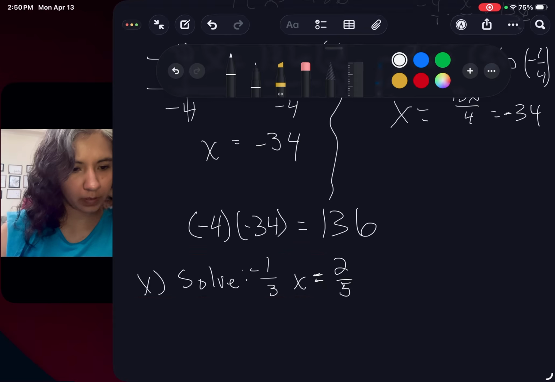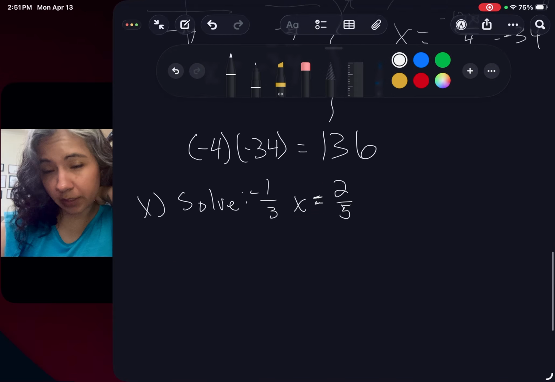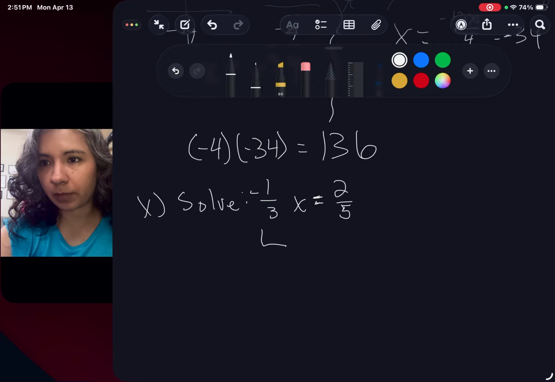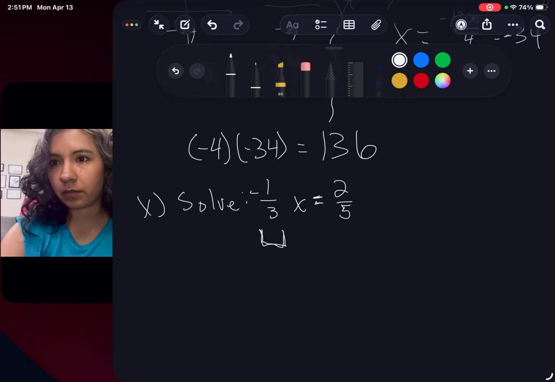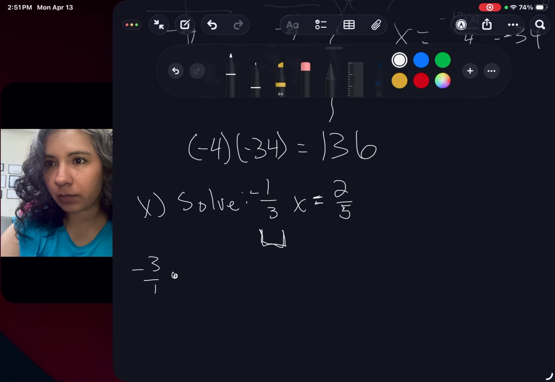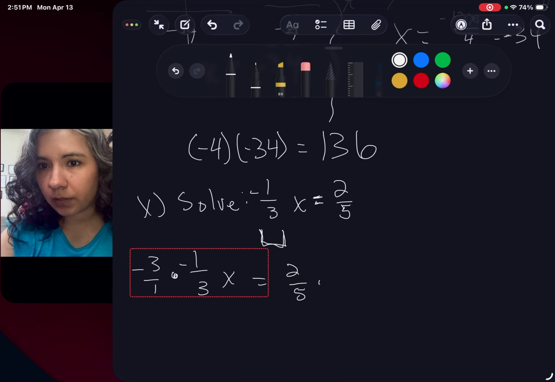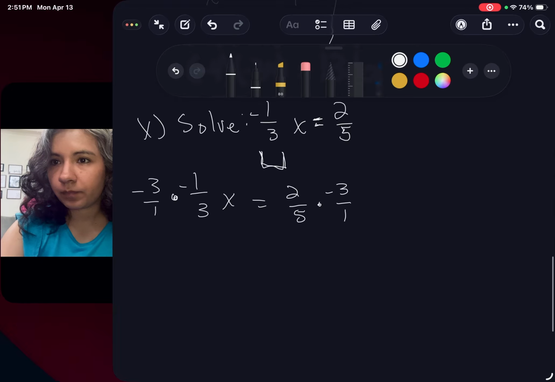Okay, so since we're getting x by itself, we're going to multiply by the reciprocal of the coefficient on this side of the equation. So negative 3 over 1, which is the same as multiplying by negative 3, times negative 1 over 3 x equals 2/5 times negative 3 over 1. So all of these cancel.